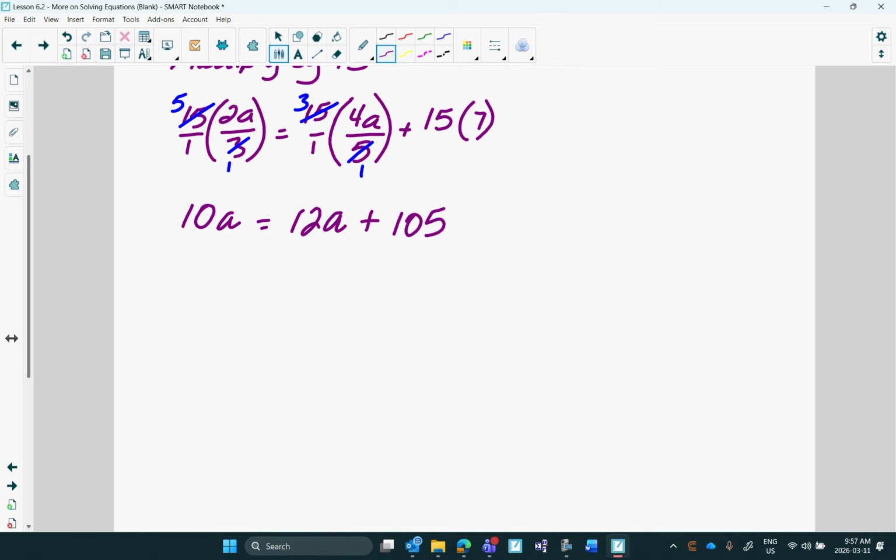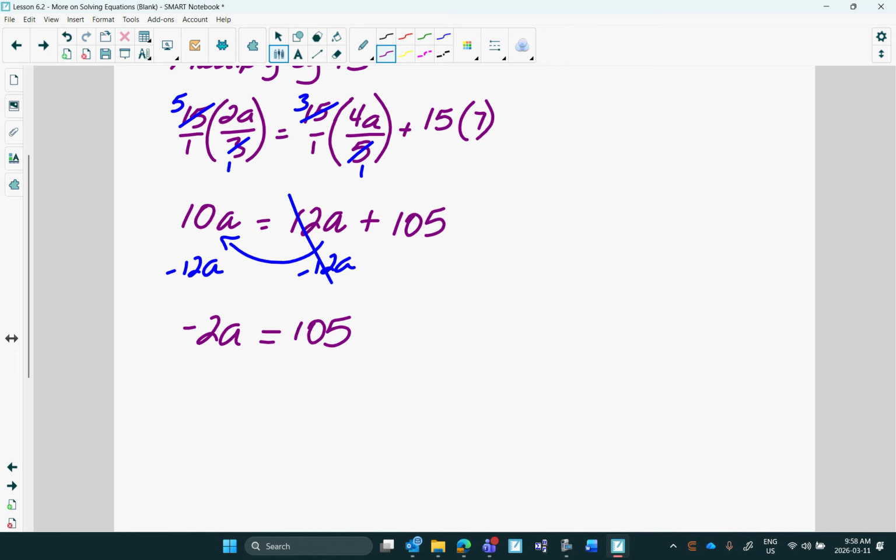Get the a's together by doing what? Subtract 12a, subtract 12a, and I'm left with negative 2a on the left side equals 105.